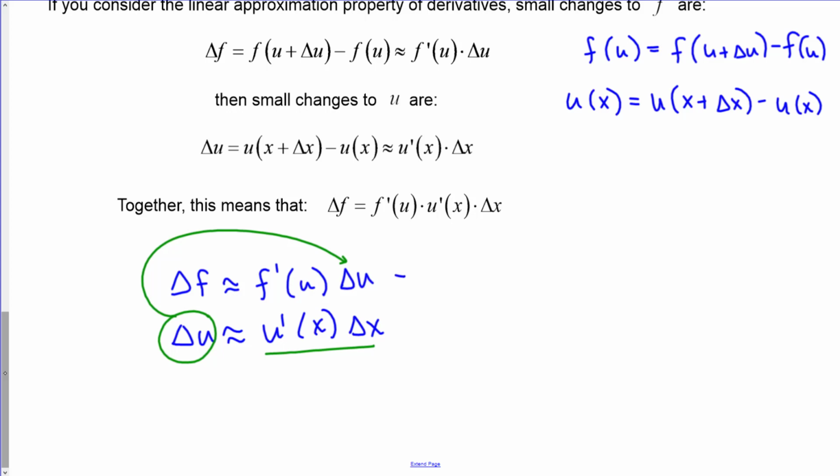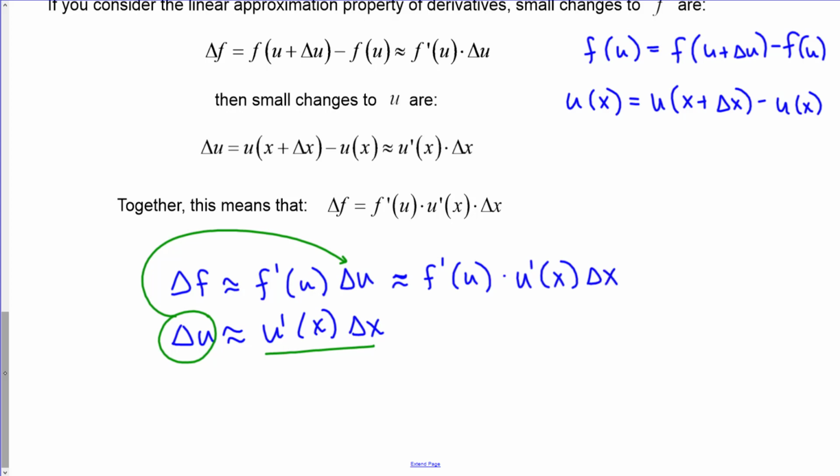So that gives me, and I should be precise and say that's really just an approximation, f prime of u, and then delta u is u prime of x times delta x.